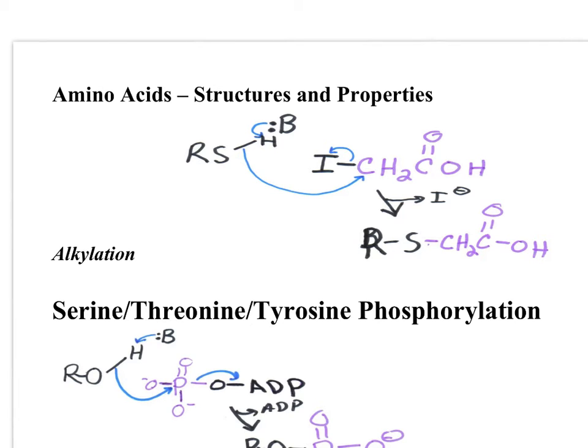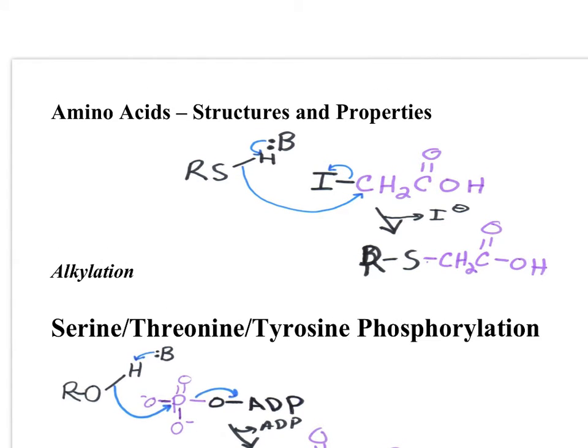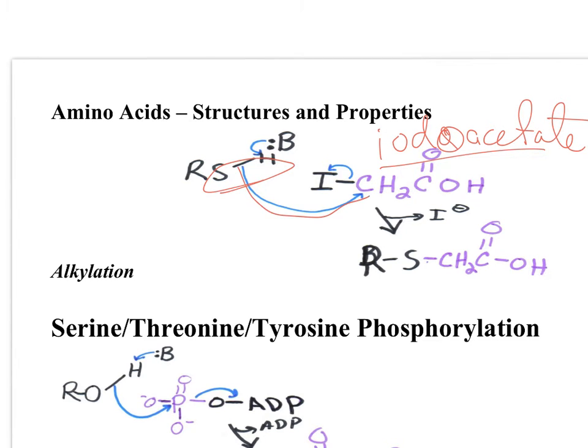This would be an example using something called iodoacetate. And iodoacetate is commonly used in protein chemistry studies because sulfhydryls, like this thiol, can act as a nucleophile, attack the acetic acid part, this carbon here. Iodine is a good leaving group, and so it leaves, and so we get this alkylation.